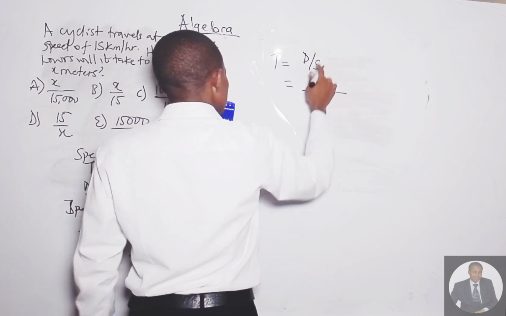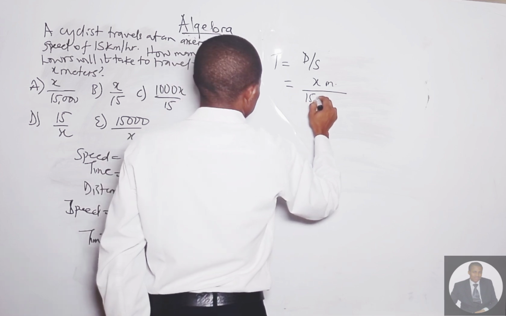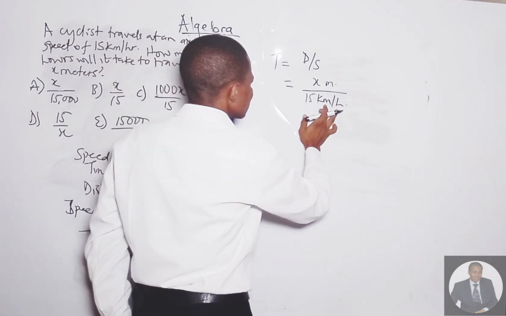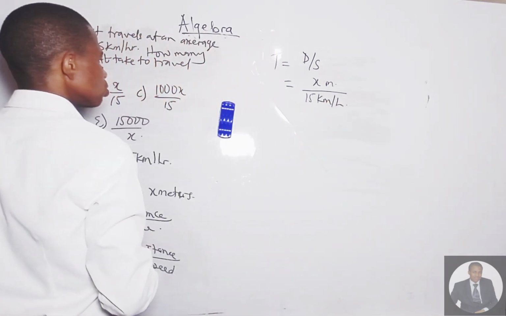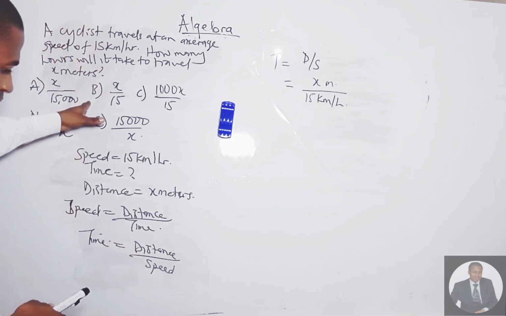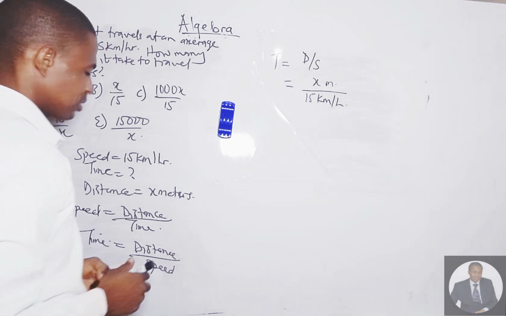but we are given a speed of 15 kilometers per hour. So we need to convert 15 kilometers into meters. And how do we do that?